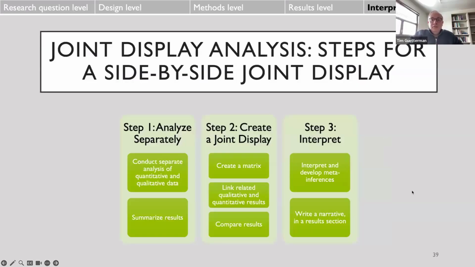So some steps in developing this type of joint display: analyze your qualitative and quantitative results separately, and then create a matrix linking your related qualitative and quantitative results, making that comparison, and then interpreting and developing meta inferences. And when you have a joint display, that can give you a structure for writing about integrative results.